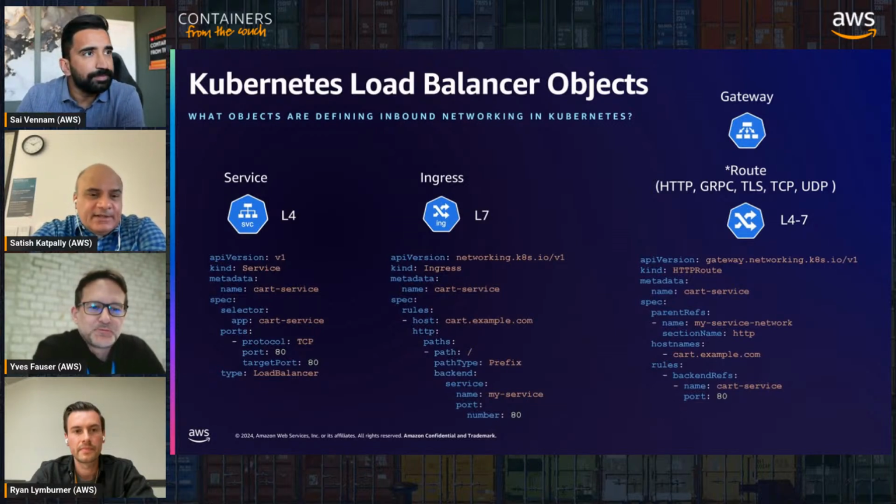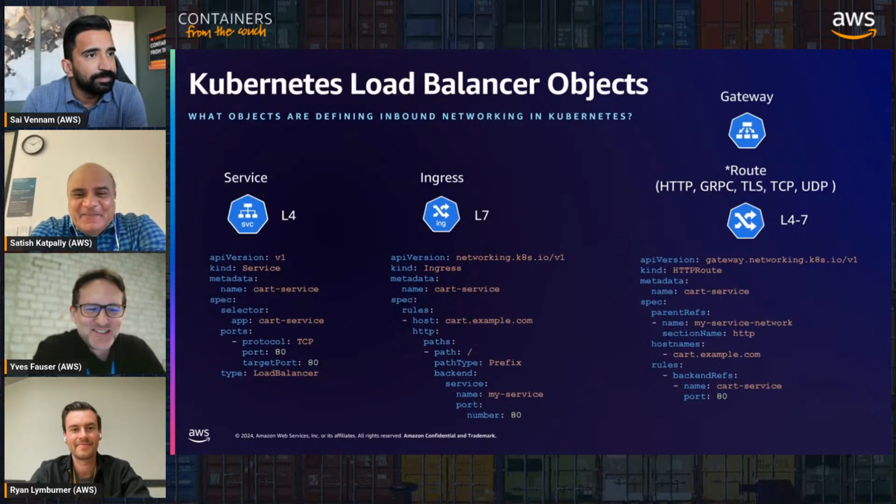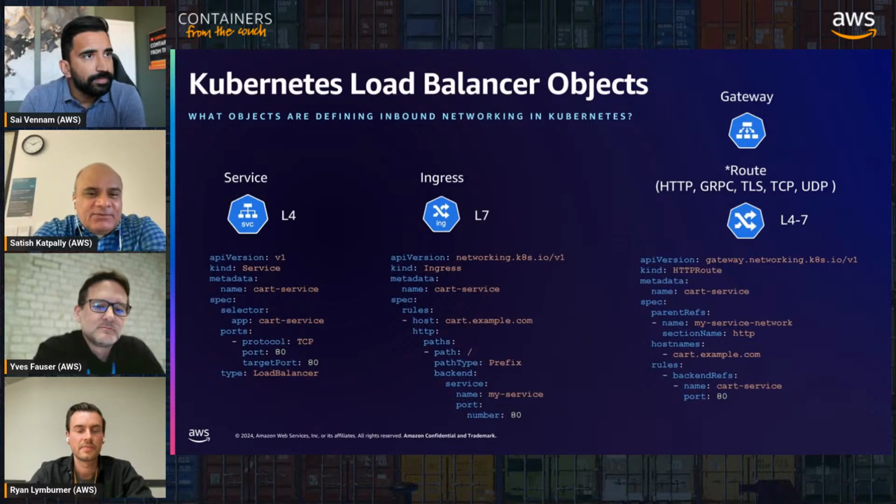Sure. Let me start, and if you can add. One of the key limitations before was around having to do these custom annotations, right? For beyond just HTTP route. How do you define layer 4? How do you specify a gRPC route within the Ingress API, for example?